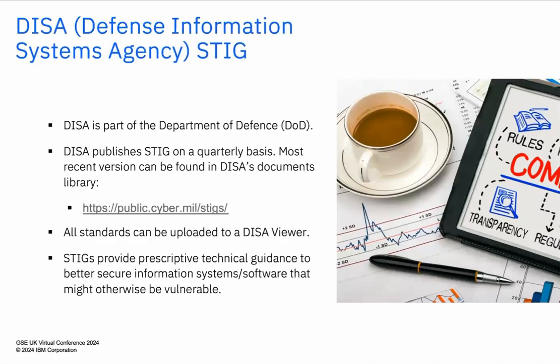This is what I just showed you. The STIGs they provide are prescriptive technical guides. They're very strict. In comparison to industry standards like the CIS benchmark, the language that DISA uses is that you must have those settings. So they are very prescriptive and very specific on how to better secure your systems and software that might otherwise be vulnerable.